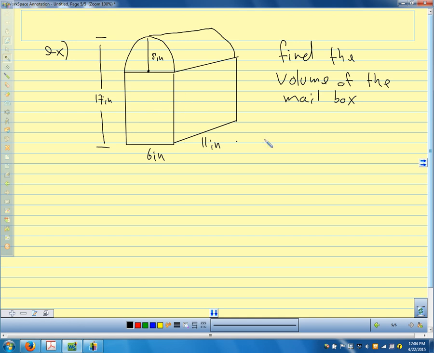We have a rectangular prism, this part, and a half a cylinder. So we have to find our volume in two pieces. We have to find the volume of the rectangular prism, and we have to find the volume of half the cylinder that's sitting on top. So we know how much mail fits in our mailbox.